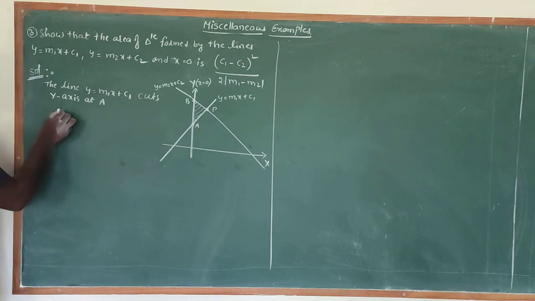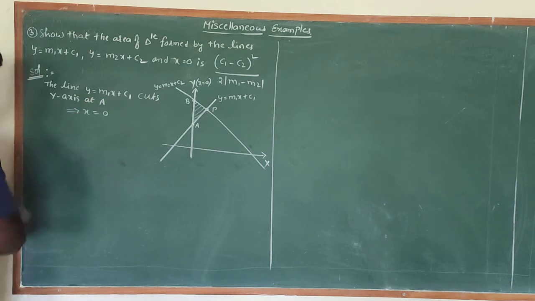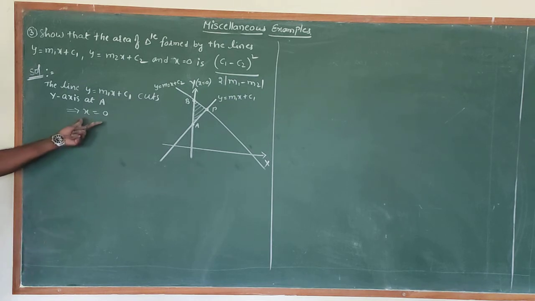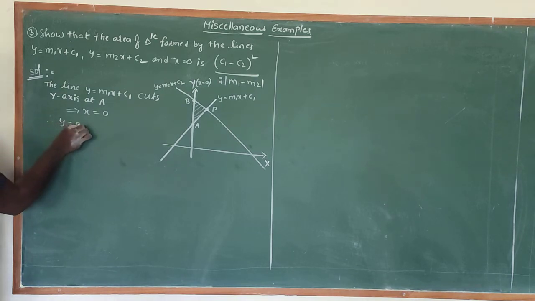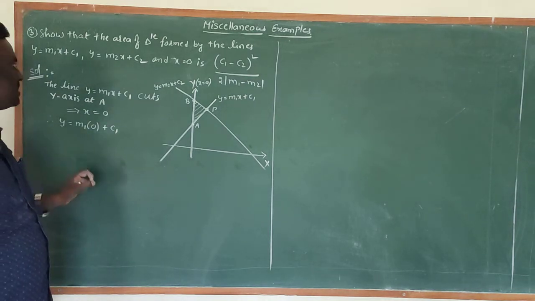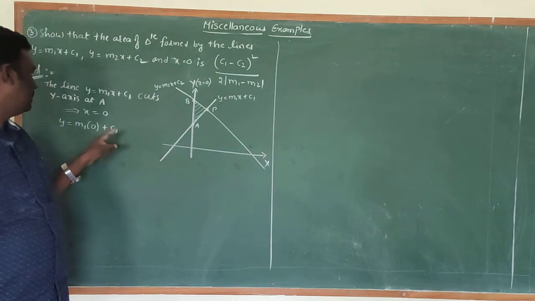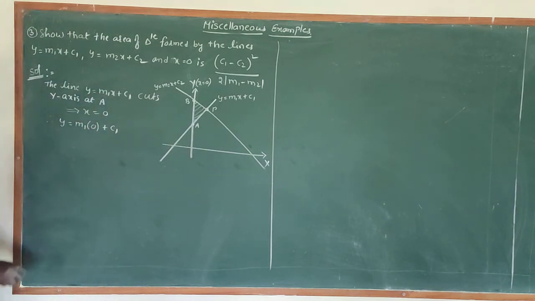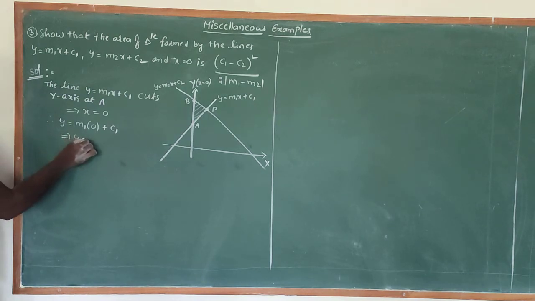So on the y axis, what is the x value? 0. On the y axis, the x value is 0. Substitute this 0 in this equation. Therefore, y equals m1 into 0 plus c1. If a line cuts the y axis, the x value becomes 0. That implies y equals c1.